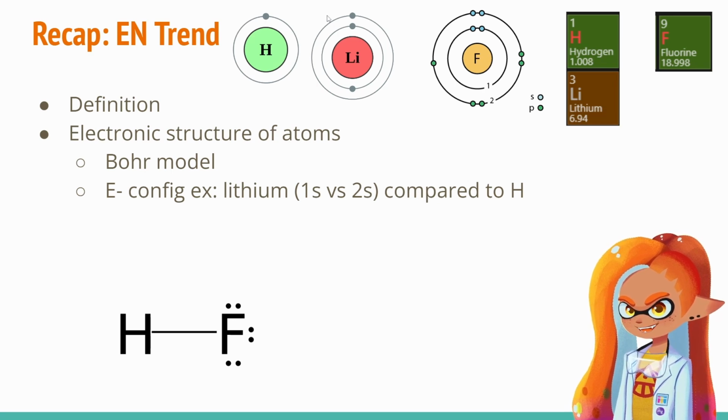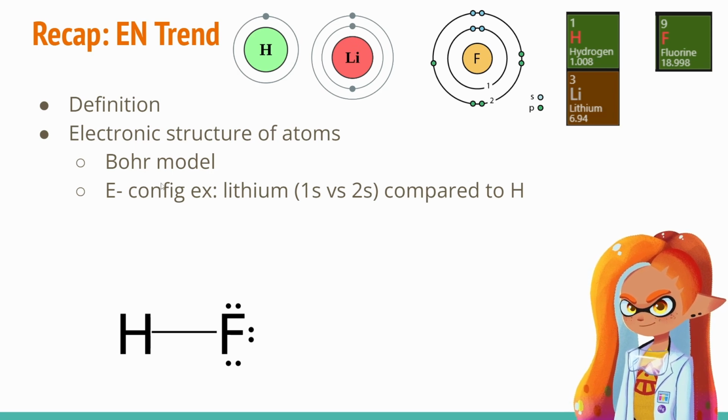If I'm just looking at valence electrons, hydrogen is very close to 1s. The protons in hydrogen are very close to this valence electron. Versus in lithium, we have the valence electron here in the 2s versus the protons here. So in hydrogen, it's going to be significantly closer compared to Li. So that's an example from Unit 1.